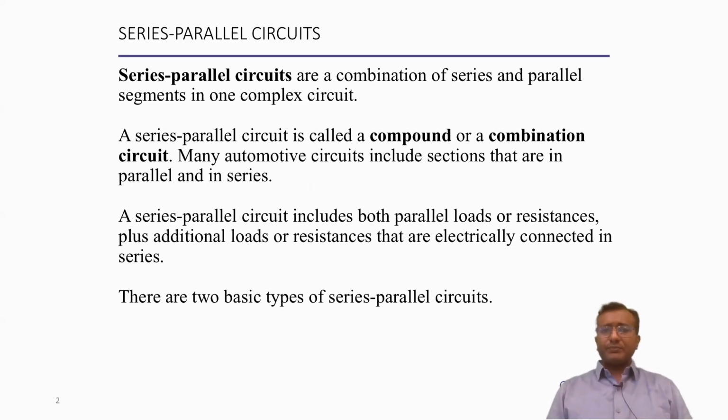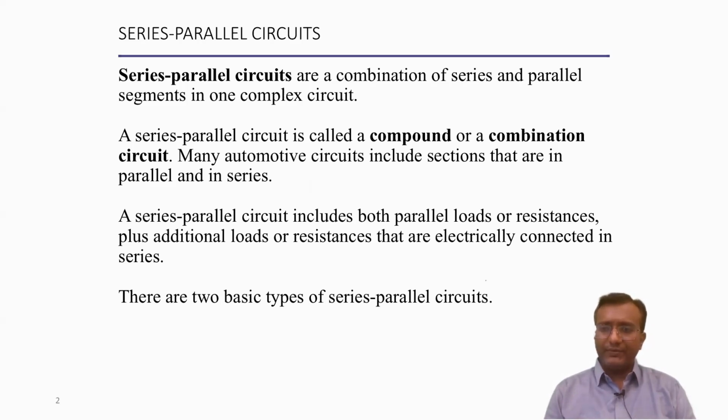As we all know, series parallel circuits are a combination of series and parallel segments in one complex circuit. In the previous lecture, we have seen the theoretical part. In the case of complicated series parallel combinations, we have to solve the problem thoughtfully.